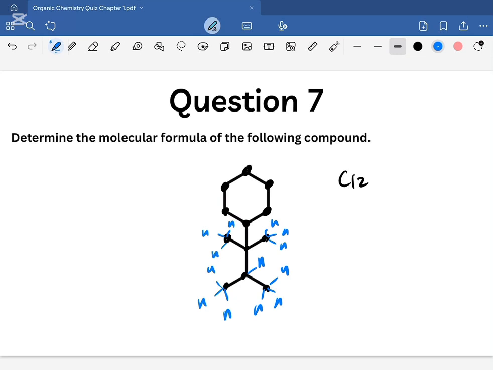And then here we're going to have 14, 15, 16, 17, 18, 19, 20, 21, 22, 23. And we're also going to have 1 hydrogen coming out because this is attached to 3. So we're also going to have the hydrogen over here. So we're going to end up with 24 hydrogens. So it's going to be C12H24.